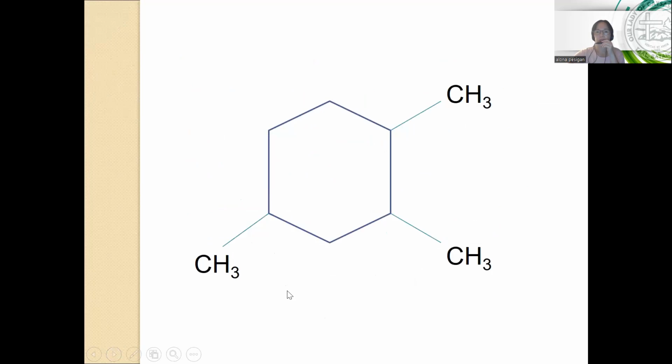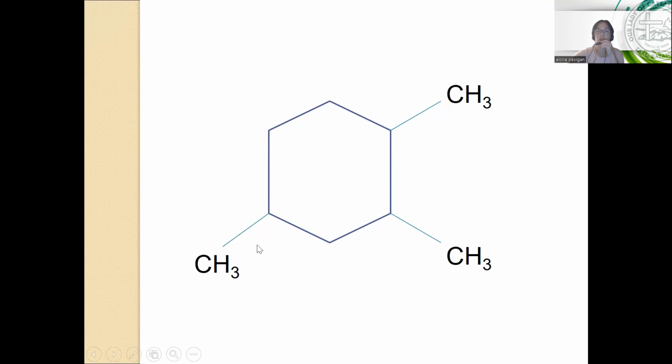Okay, so how are we going to name this? Numbering: take note, 1, 2, 3, 4, 5, 6. So this is cyclohexane, that's the parent. But you look at the substituents, so you have to number in a way that will give you the lowest possible set of numbers. Numbering one way gives 1, 4, 5, while the other way gives 1, 2, 4.